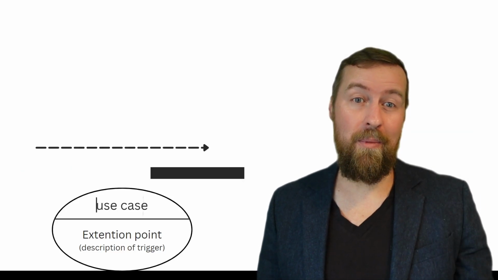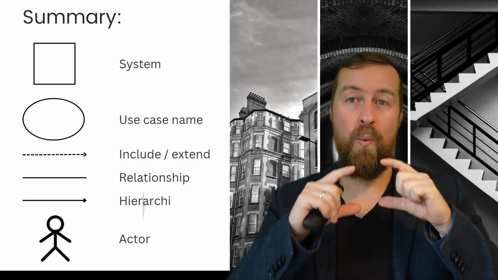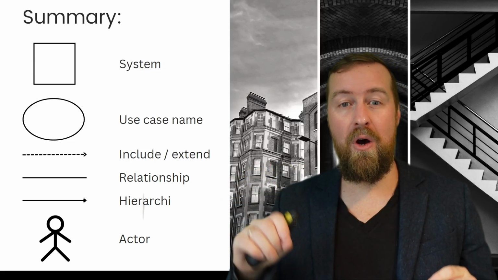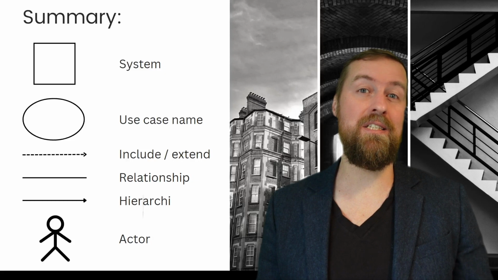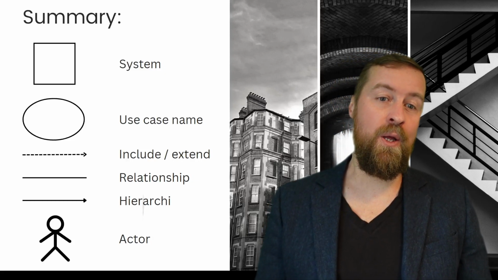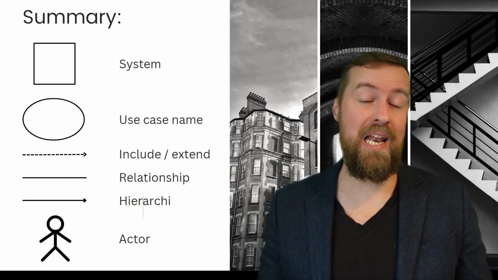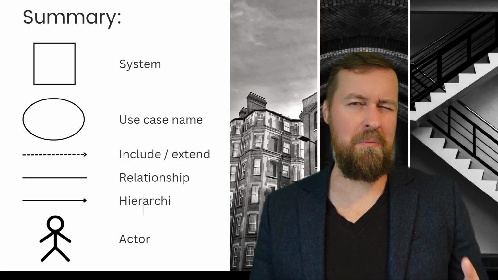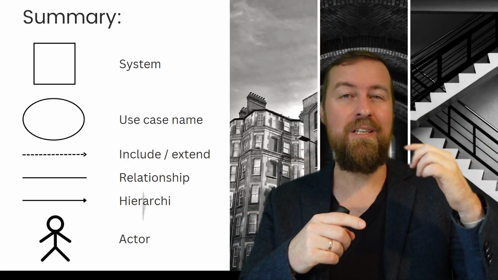So to summarize, we have our squares, which is our system. We have our ovals, which is our use case. We have the dotted lines, which include or extend our use cases with optional elements. We have our relationships, the straight line without any arrows. We have the hierarchies. Remember, the relationships and hierarchies.